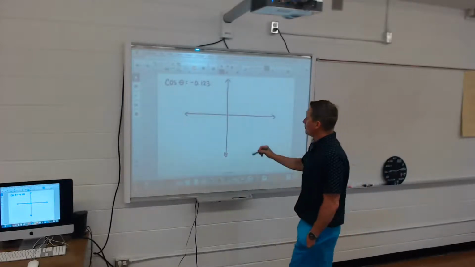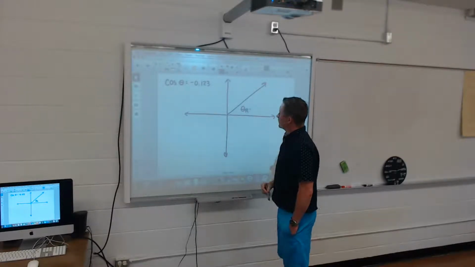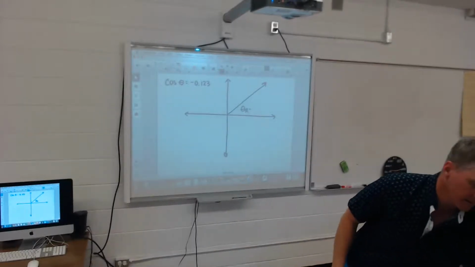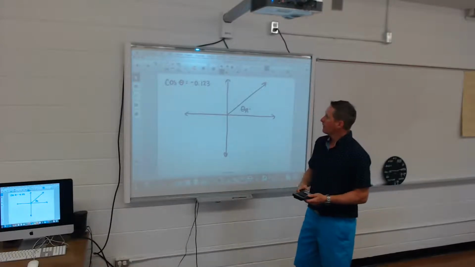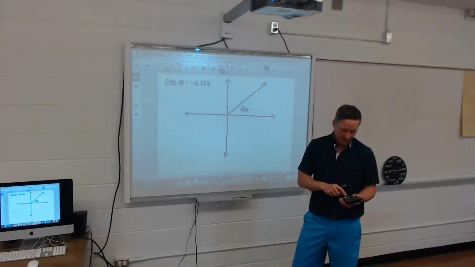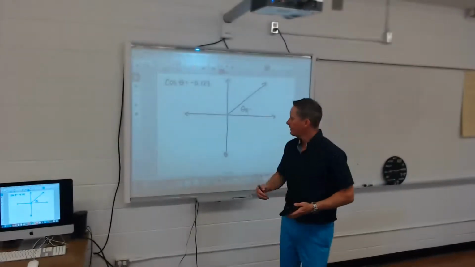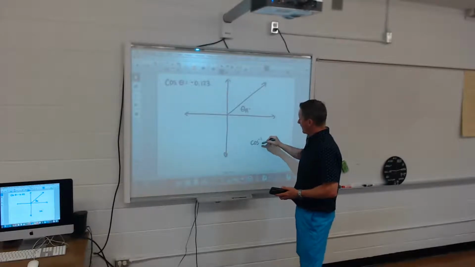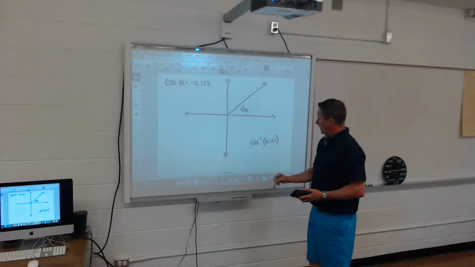So the first thing I'm going to do is find my reference angle, so in the first quadrant. I need to use my calculator right here. And when I do second function cos of 0.123, I am not putting in the negative. I'll explain that in a second. So to find this, I use cos inverse of 0.123.